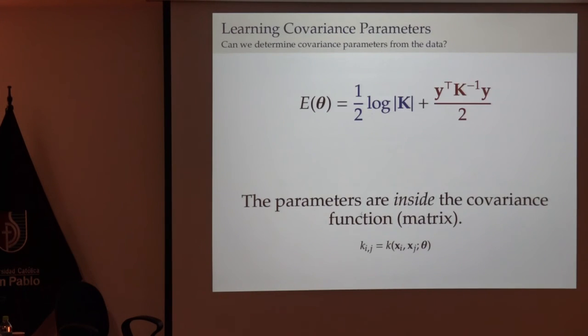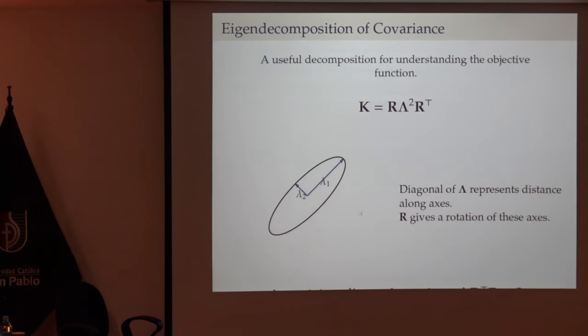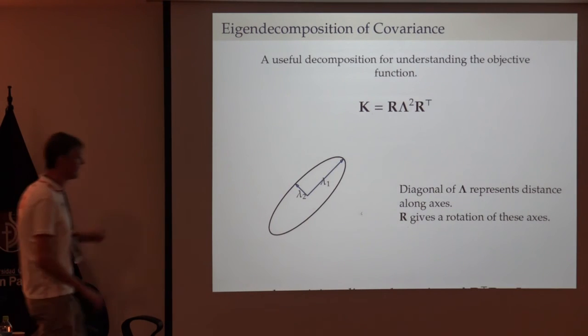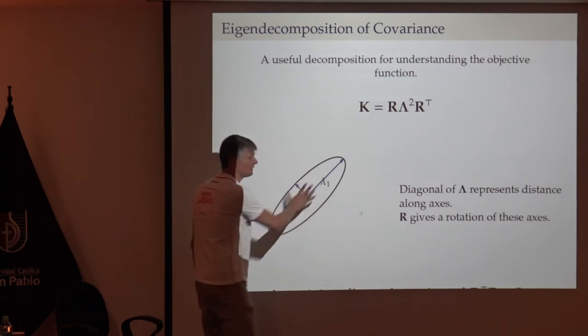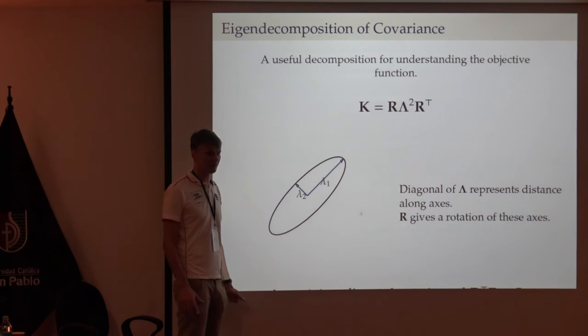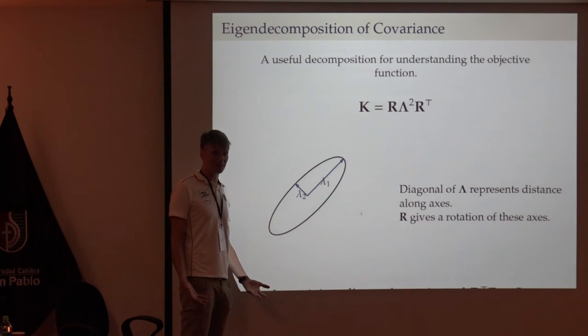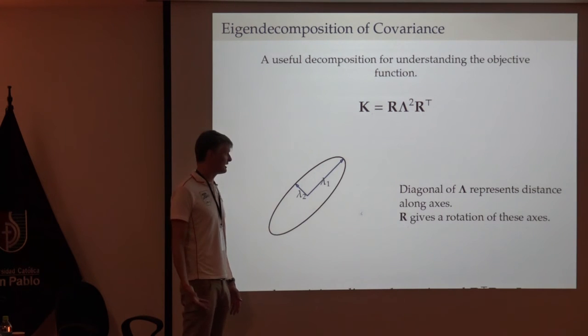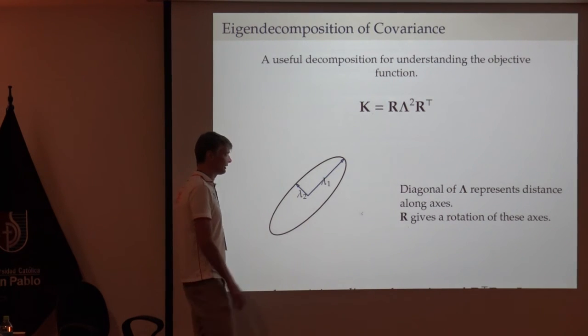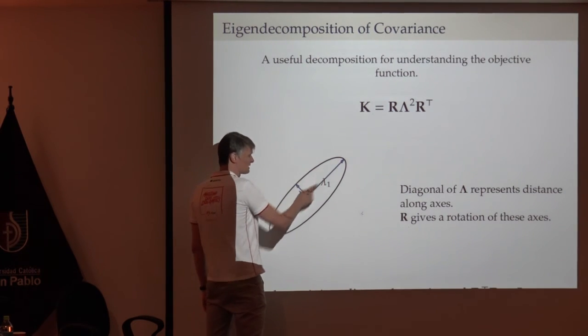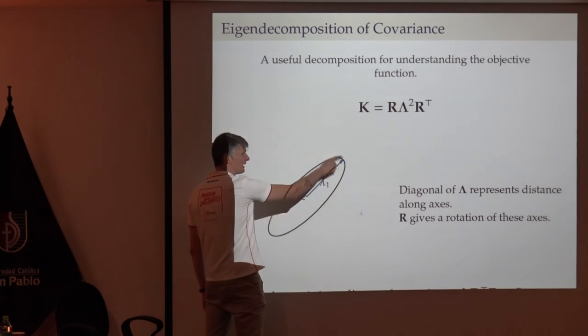Now, before I talk in detail about that, I want to look at that decomposition of the covariance we talked about earlier, which is the eigenvalue decomposition of the covariance. So that's what PCA was. PCA is a little bit more than that. PCA is actually a Gaussian model, where you look for the principal axes. So this is a covariance matrix like I did before.